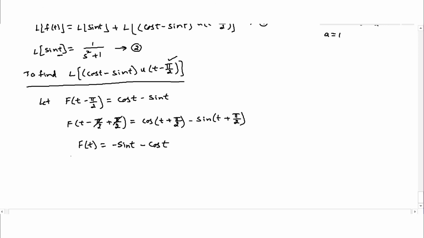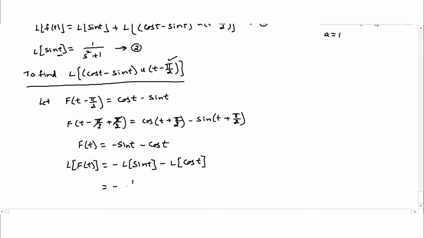So let us try to find out its Laplace transform. Laplace transform of f of t will be equals to minus Laplace transform of sin t minus Laplace transform of cos t. We know the Laplace transform of sin at will be a by s square plus a square.